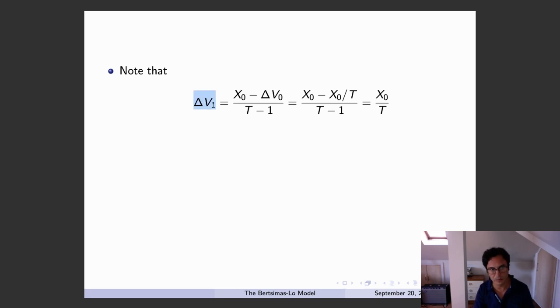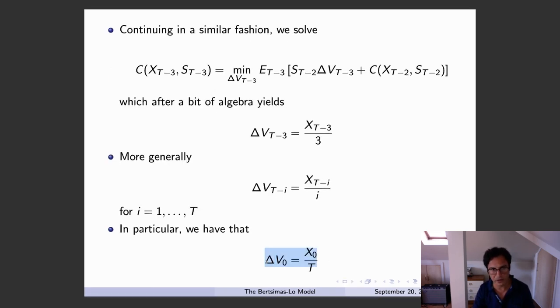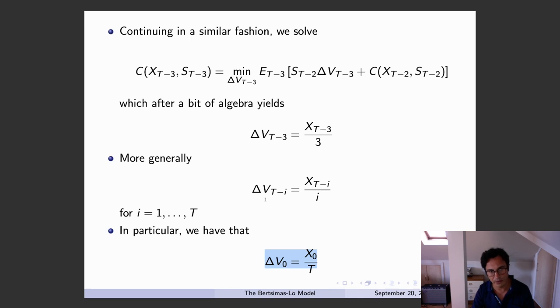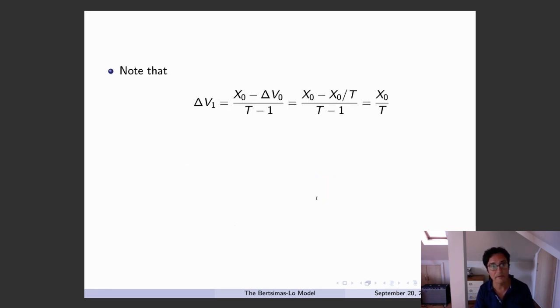Let's walk forward. We have the initial condition here, and we know that all other executions are going to be the amount left at that time divided by the time intervals to go. So if we go to time 1, we have x0, which is what we had at the beginning. That's what we execute at time 0, and then at time 1 we have T minus 1 times to go.